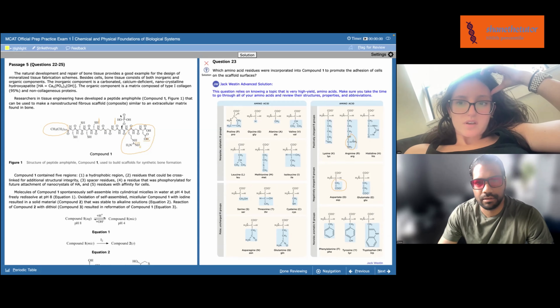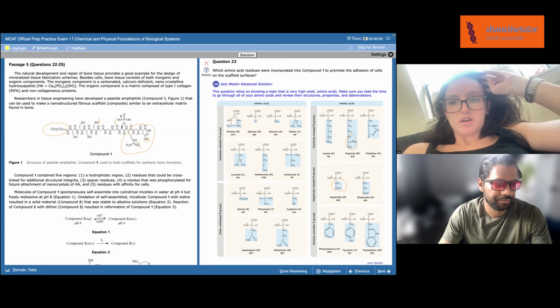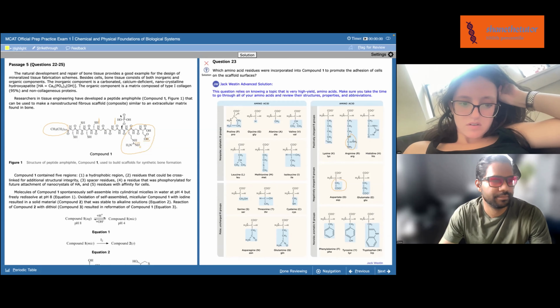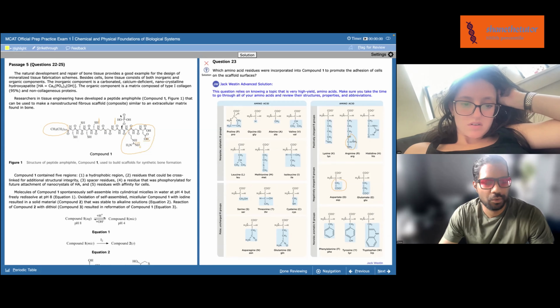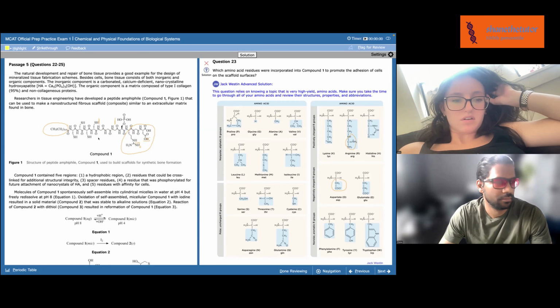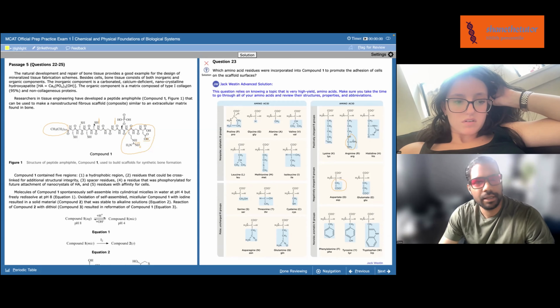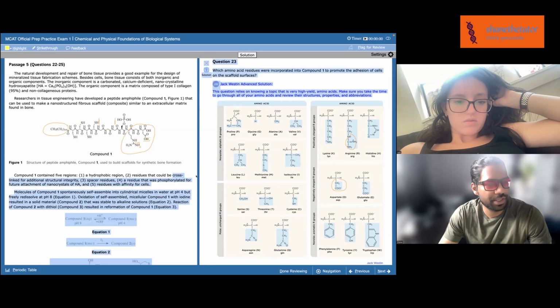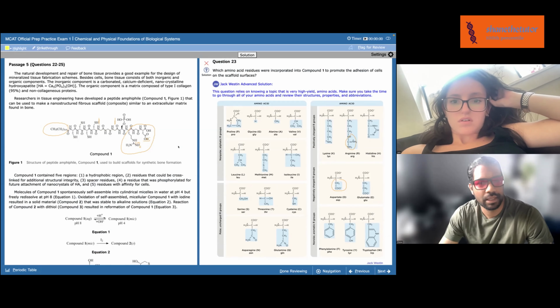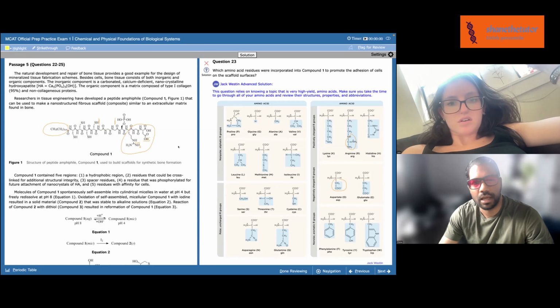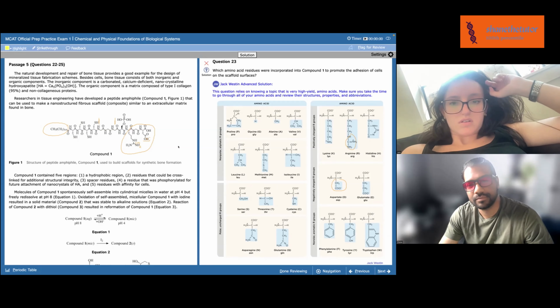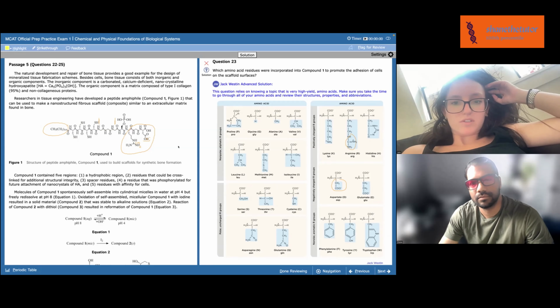Promote the adhesion of cells on the scaffold surfaces. So where would that be in compound one? I think it would be where the cysteines are. Wait, what are we looking for in the question stem? Amino acids. Which ones are incorporated to do what? To promote adhesion of cells.